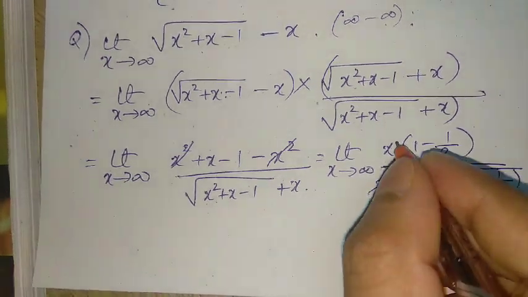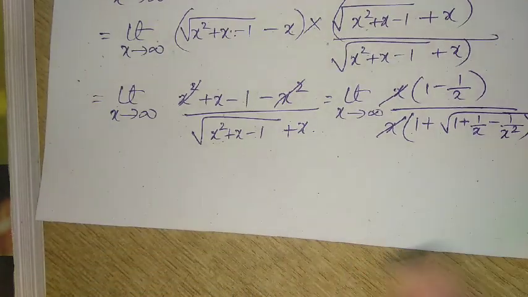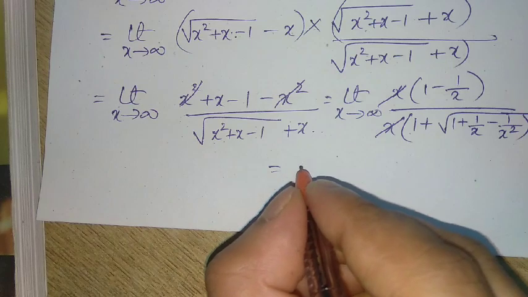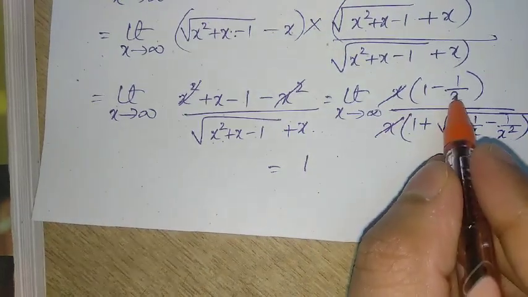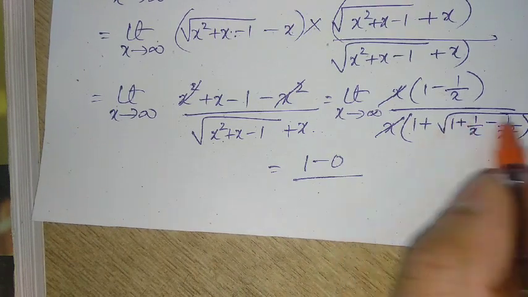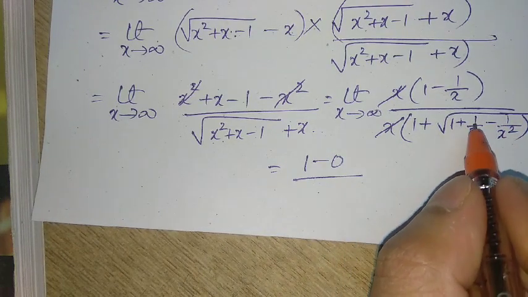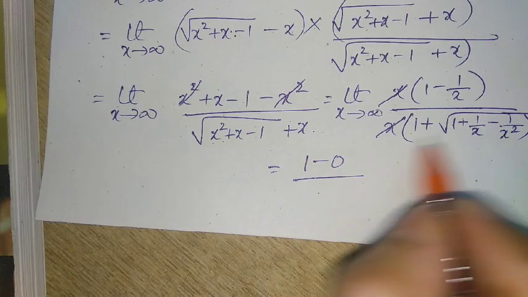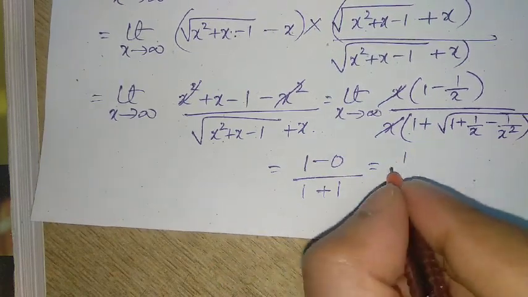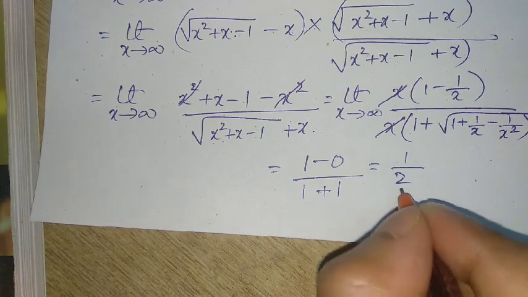We cancel these two x's, and finally if we put the value of x equal to infinity, we will get 1 minus 1 by infinity, which is 0, divided by the square root. Inside the square root we will get 1 plus 0 minus 0, so it is 1, added with a 1. So the final answer is 1 upon 2.